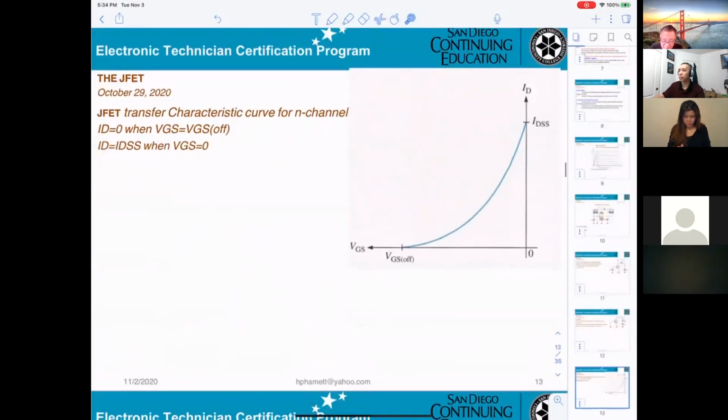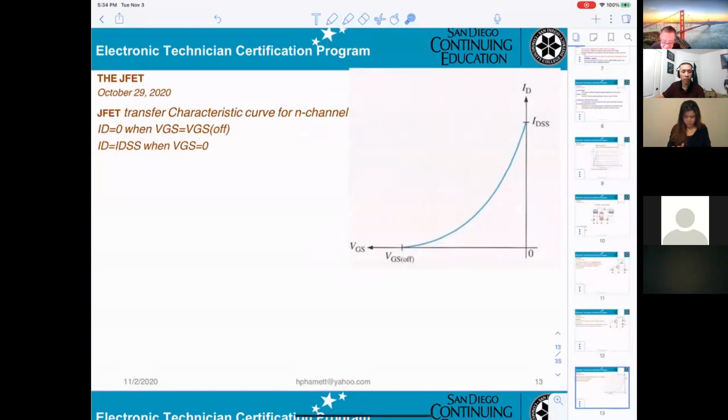Now, the JFET transfer characteristic curve for the N channel. Basically, this axis stands for ID, and this stands for VGS. At IDSS, VGS equals 0, you get one point.